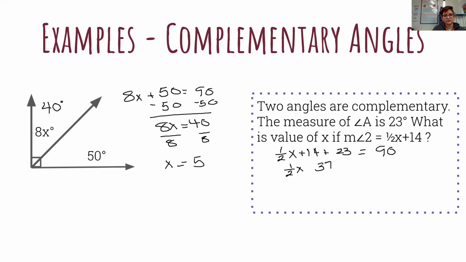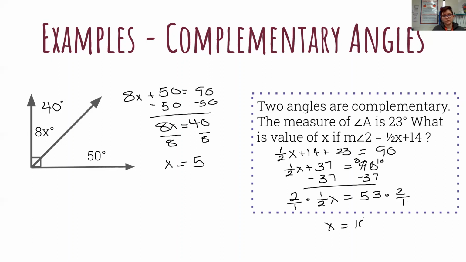So 1/2 x plus 37 equals 90. I'm going to undo my addition with subtraction. So 8, 10, 3, 5. And then I undo multiplying by a fraction by multiplying by its reciprocal. So I get that x equals 106. Again, not degrees, just 106.